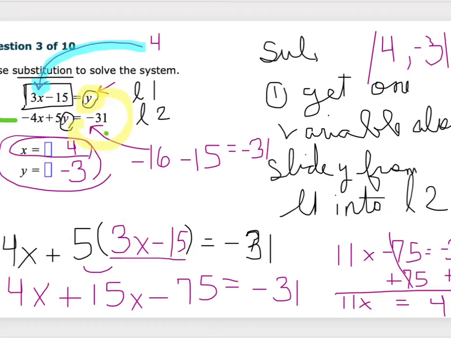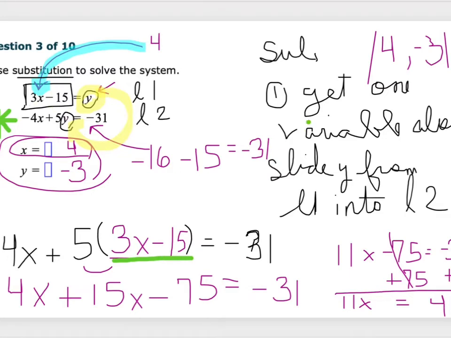Now notice I took the y out and I'm putting in the substitution for y. So I'm writing this equation down, and then I'm substituting the y, which was right here, 5y, with 3x minus 15, which is y equals from the first line.